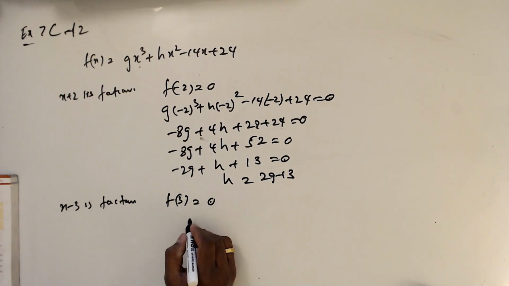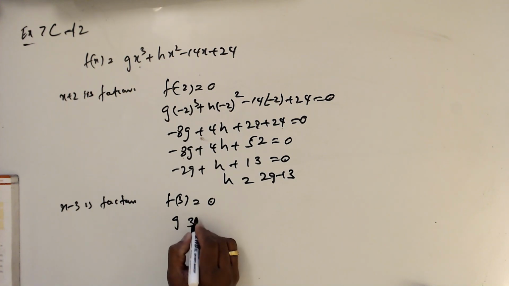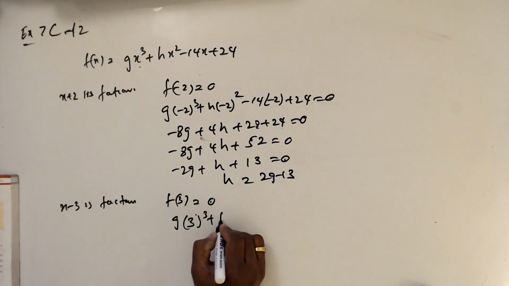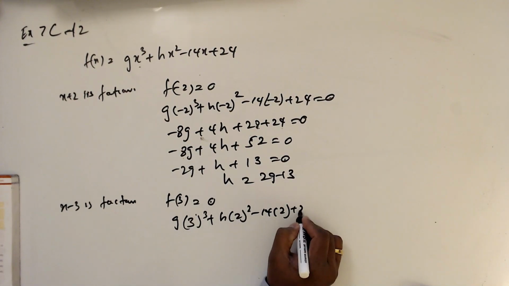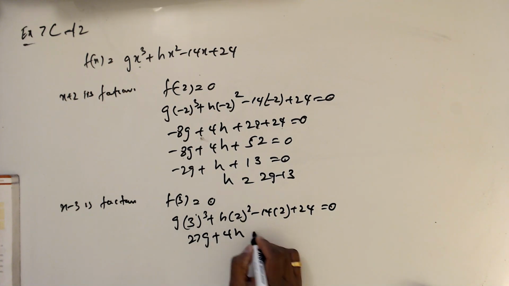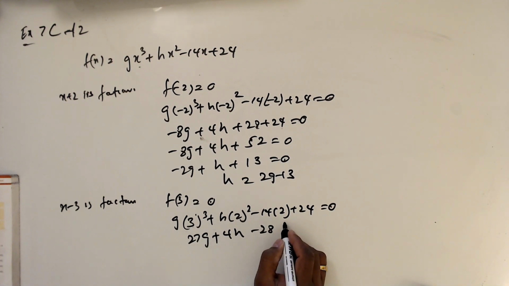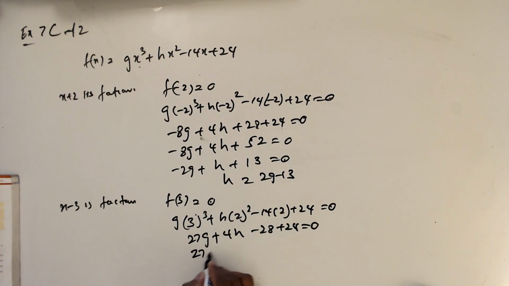So this is going to be f of 3: g times 3 cubed plus h times 3 squared minus 14 times 3 plus 24 equals 0. 27g plus 9h minus 42 plus 24 equals 0. 27g plus 9h equal 18.